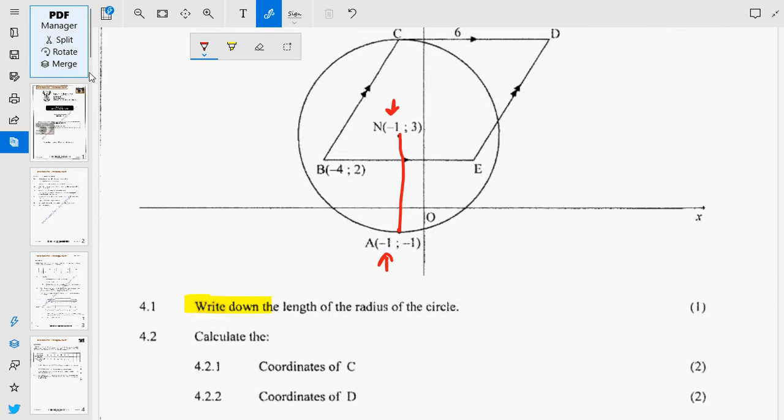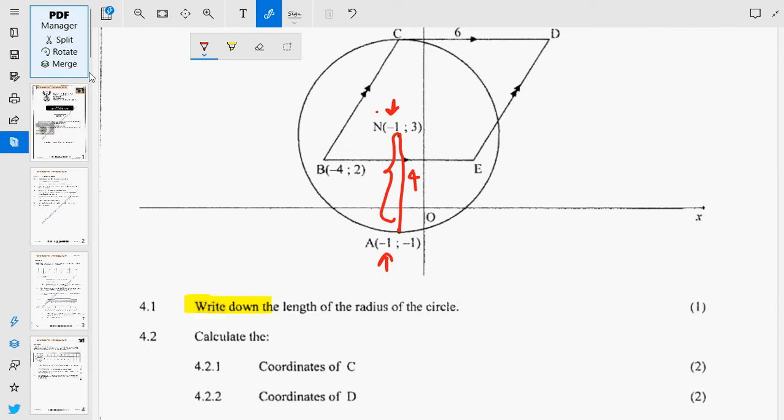So if it's not changing, this means this is a vertical line. And in order to find the distance of this vertical line, you will have to take the y-coordinate of N, subtract the y-coordinate of A. And there you're going to get the radius of 4 units. Okay, so that wasn't very bad.